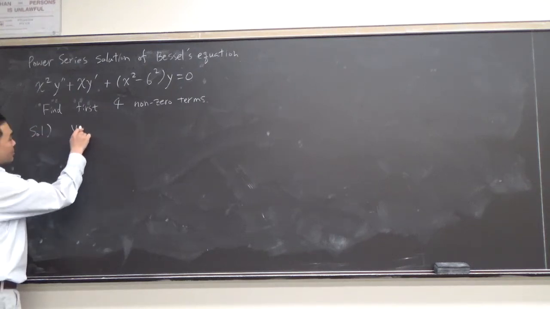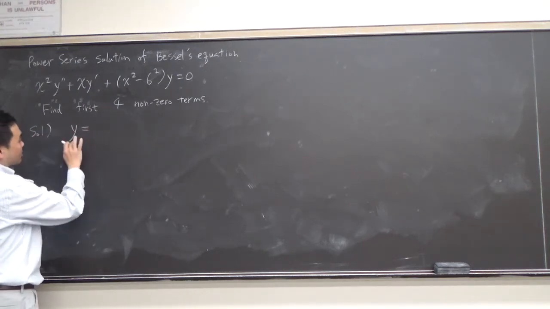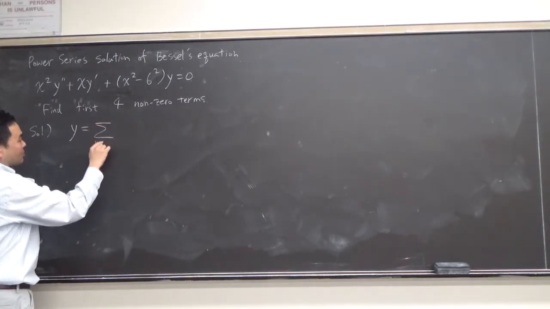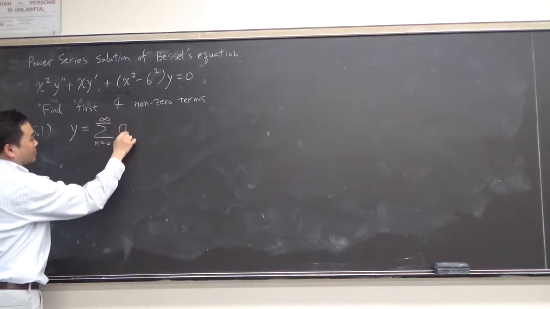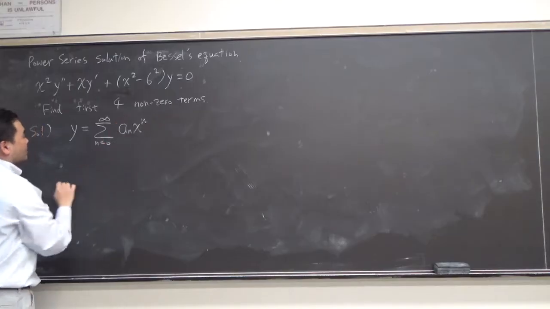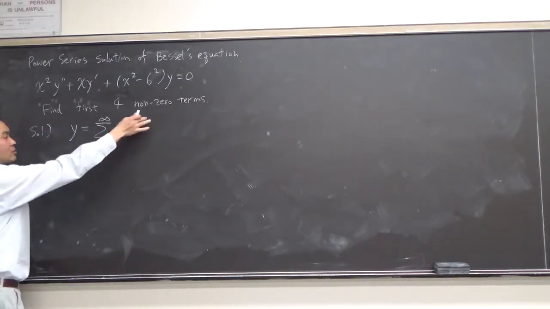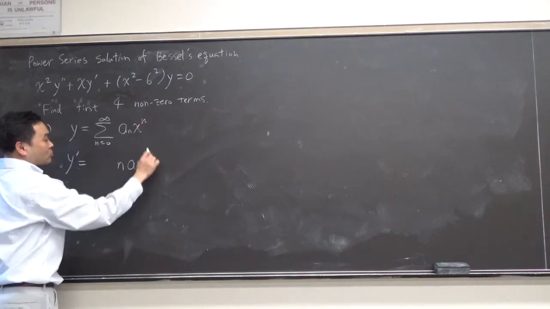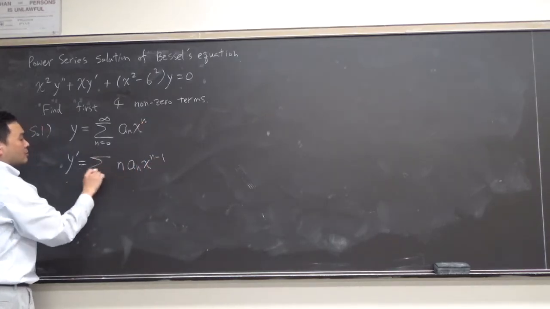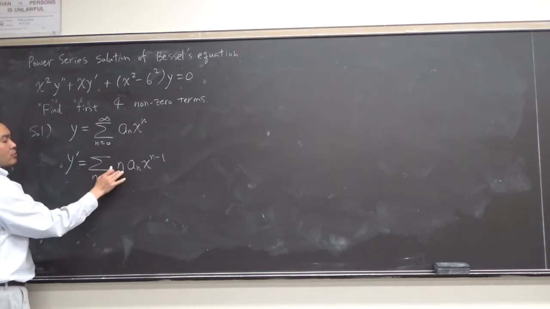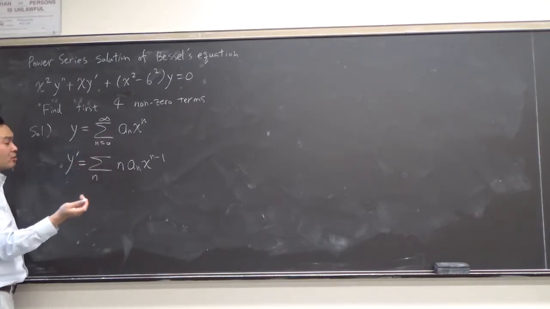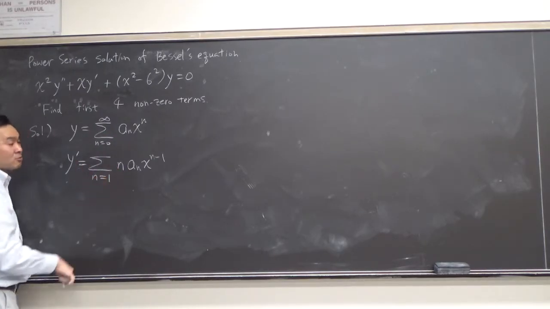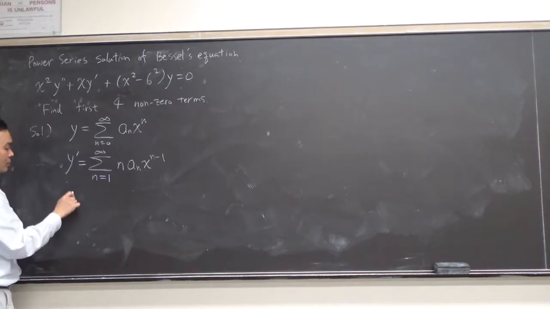So what's our assumption? That y is a power series. If you differentiate this, n comes down, and you have to subtract 1. The very first term disappears because it's a constant, so now n starts from 1 to infinity.